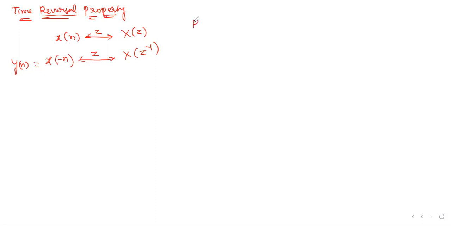What is the ROC? Let us take the ROC as R1 less than mod z less than R2. Here z is there, this will become z inverse, which is nothing but 1 by z. So this will become 1 by R1 less than modulus z less than 1 by R2. So this is very important. Carefully we need to write that.